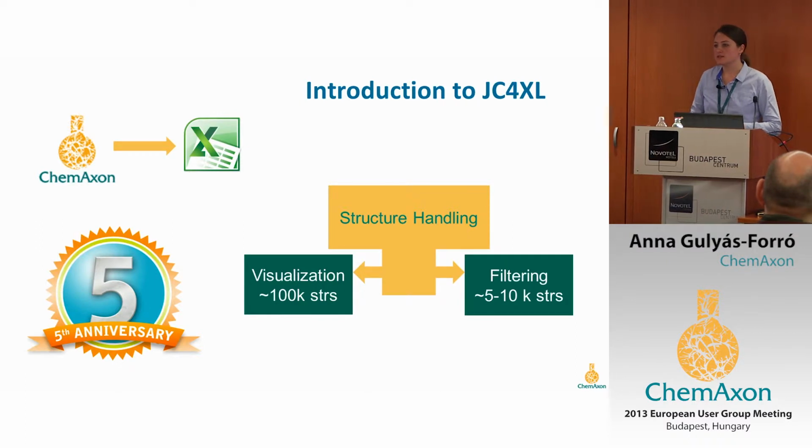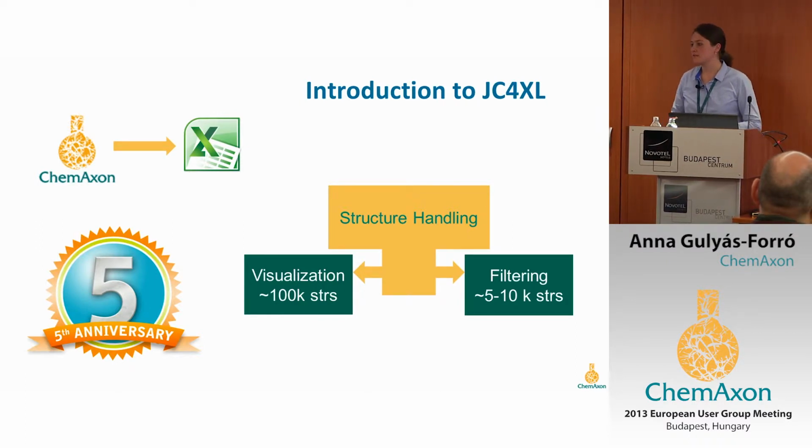JChem for Excel is the chemistry add-in of ChemAxon to Microsoft Excel. This year is a very special year for us because the product celebrates its 5th anniversary, so we can say it's quite a matured product.